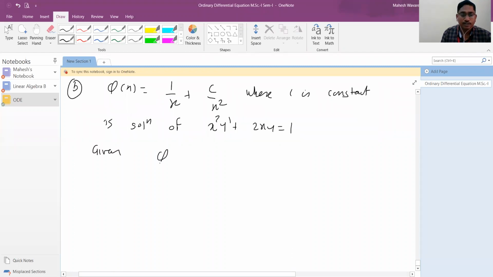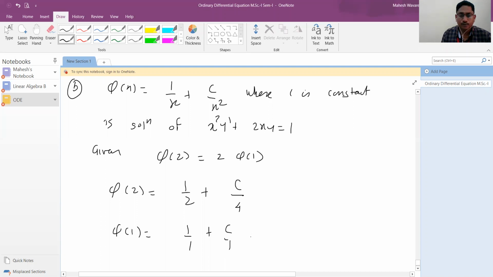And the given condition is that phi of 2 is equal to 2 times phi of 1. Separately you calculate phi of 2. What will be phi of 2? It is 1 by 2 plus c upon 2 square, that is 4. What is phi of 1? It is x equal to 1, so it is just 1 plus c.